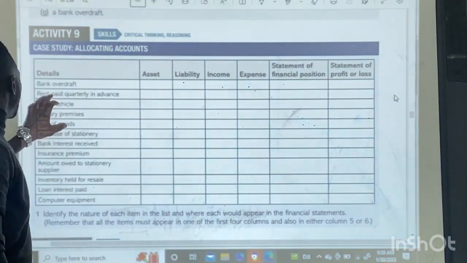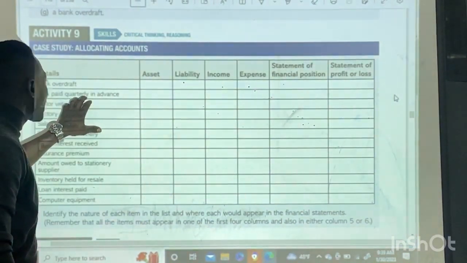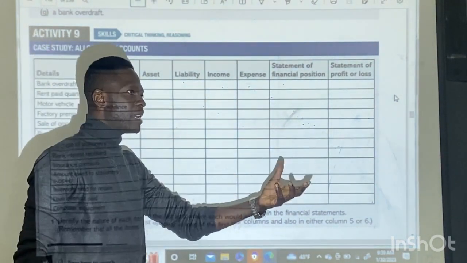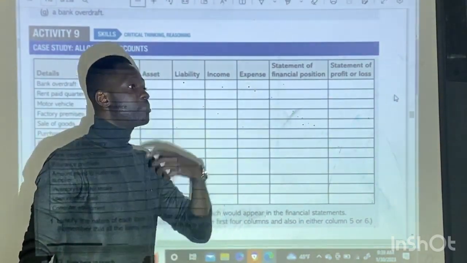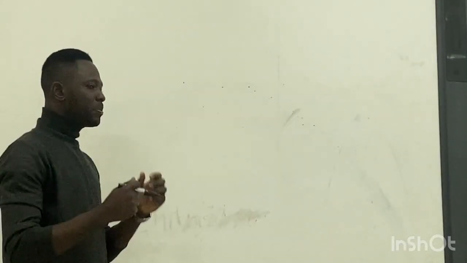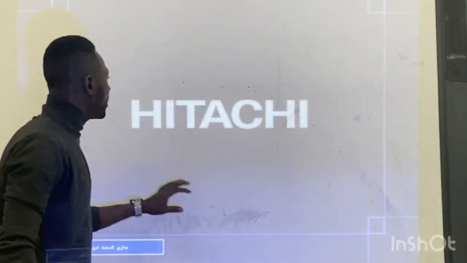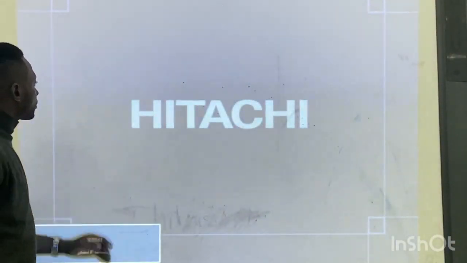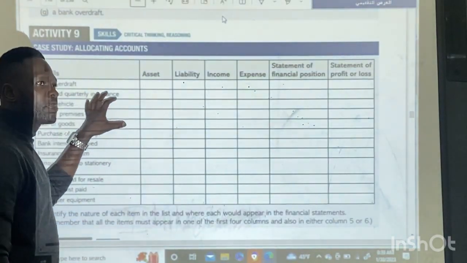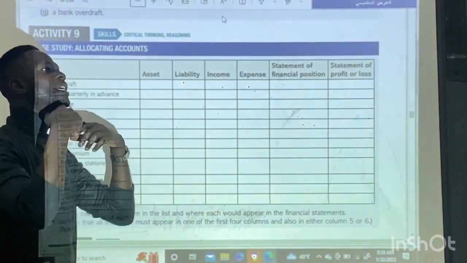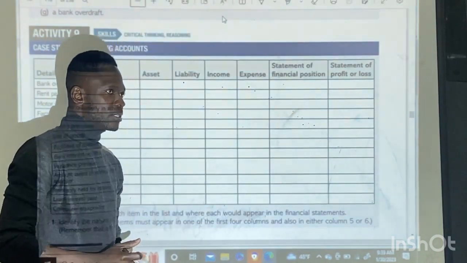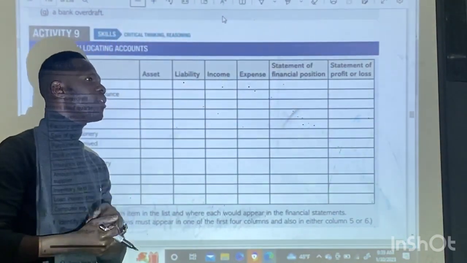That's done. The rent paid. Rent paid quarterly in advance. Advance payment. That is prepayment. So when you make a prepayment, that means you have paid your rent in advance. So, is it an asset for you or a liability?